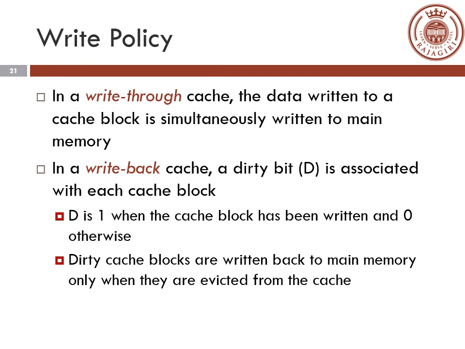If that location in the cache gets updated, then the d bit, the dirty bit, will be updated as 1, otherwise it will be 0. If it is 0, what it means is that no updates have happened in that particular data.